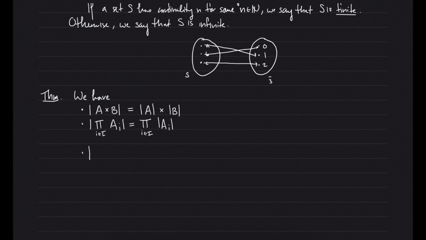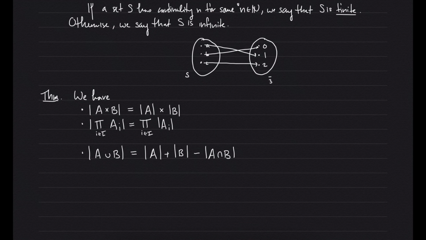And if we take the union of two sets A and B, this is going to be the sum of the cardinalities, because we're putting A and B together. But then we have to make sure that we're not double counting elements that might be in the intersection of A and B. If A and B have stuff in their intersection, then we've counted them twice, once in A and once in B. So we're going to subtract off one copy of that intersection.